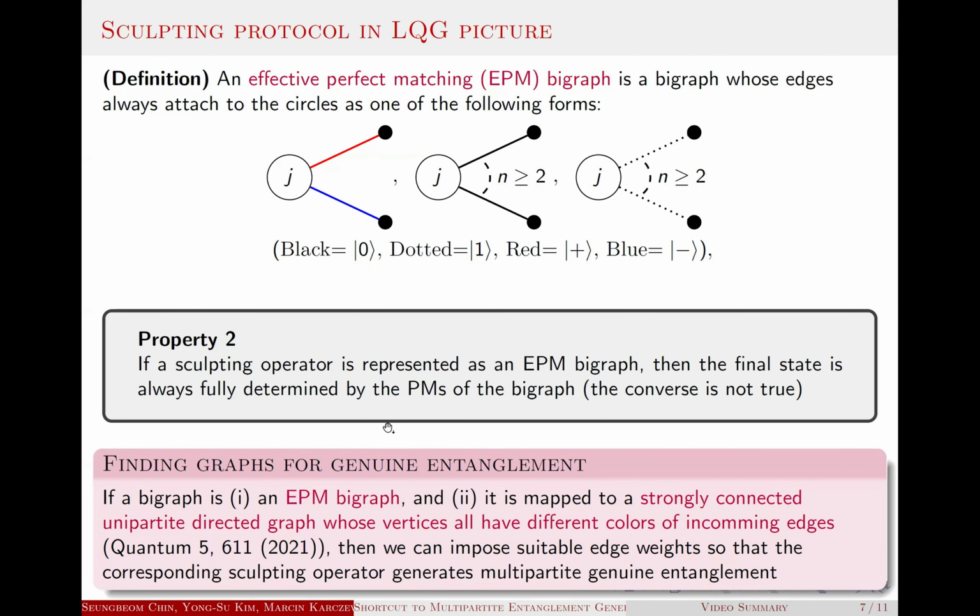And the combination of properties 1 and 2 provides an extremely convenient insight to search for the suitable sculpting bigraphs, which is, if a bigraph is an EPM bigraph, and it is mapped to a strongly connected unipartite directed graph whose vertices all have different colors of incoming edges, then we can impose suitable edge weights so that the corresponding sculpting operator generates multipartite genuine entanglement.